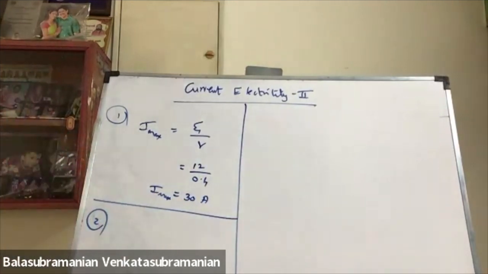Second one. A battery of EMF 10 volts, internal resistance 3 ohms is connected to a resistor. If the current is 0.5 ampere, what is the resistance of the resistor? What is the terminal voltage of the battery?